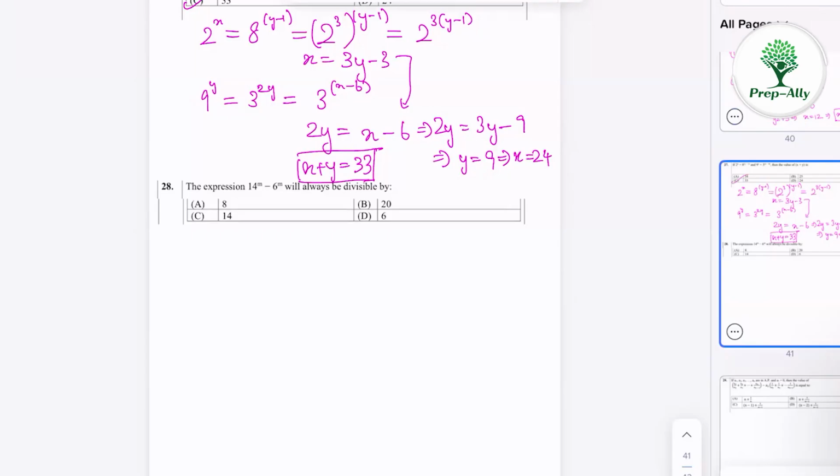So the expression 14 power m minus 6 power m will always be divisible by. So let's keep this in mind. A and B are integers.